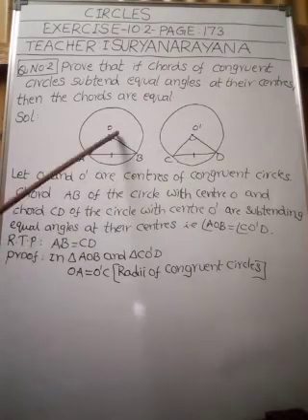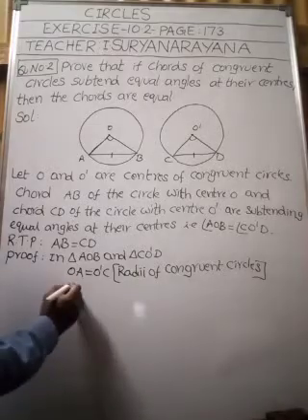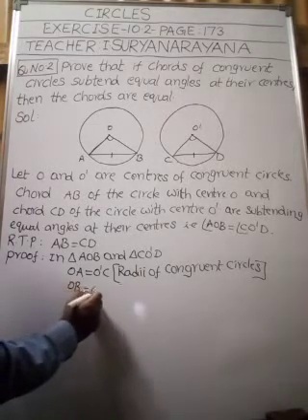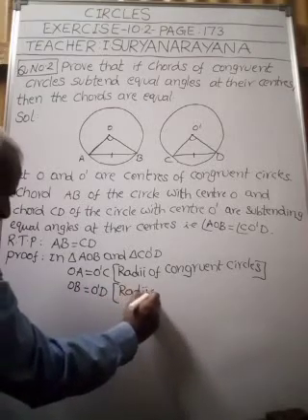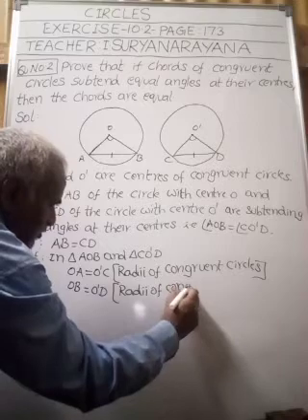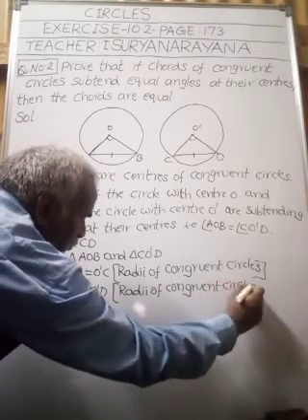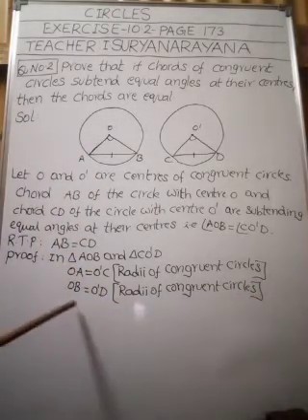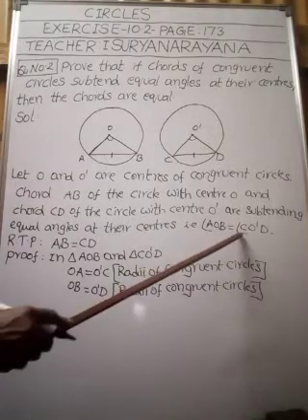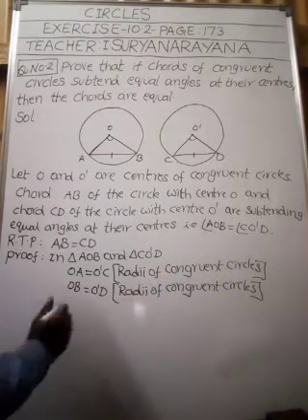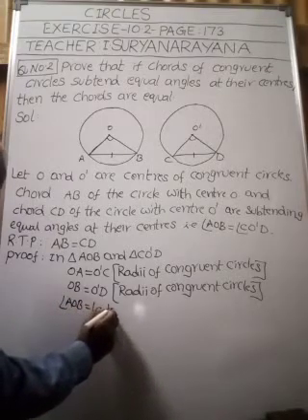Similarly, OB is equal to O dash D. These are also radii of congruent circles. Understood this step, my children? Right. Angle AOB is equal to angle CO dash D. It is given.